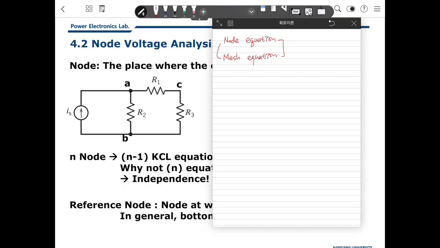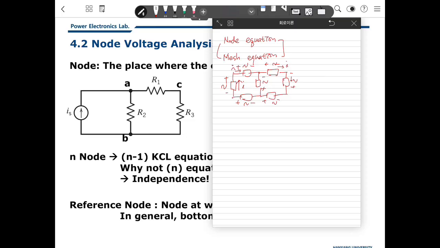I already told you about how to analyze the electric circuit. What does analyzing an electric circuit mean? There are many elements consisting of the electric circuit. When we say we analyze this electric circuit, it means we can define all the voltages of these elements and all the currents flowing through each element.